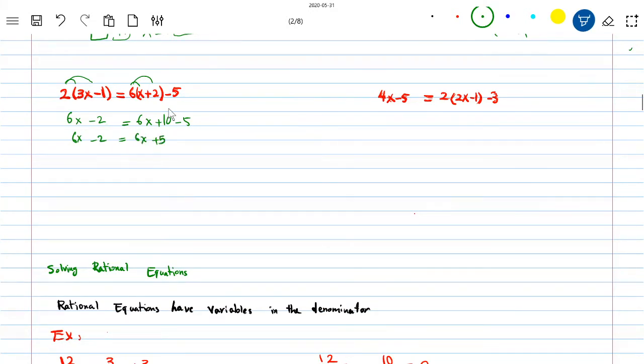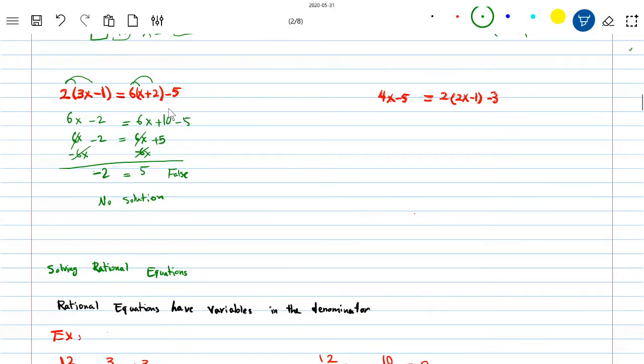Sorry, the left side is 6x minus 2. You can subtract the 6x from both sides. What you end up with is these two will cancel out. You end up with negative 2 equals 5, and this is a false statement. What it means is there has to be no solution.